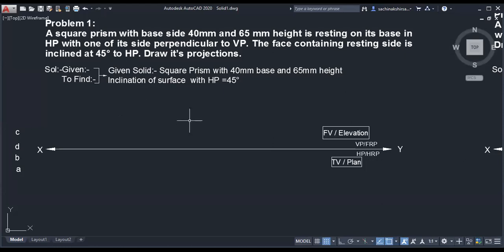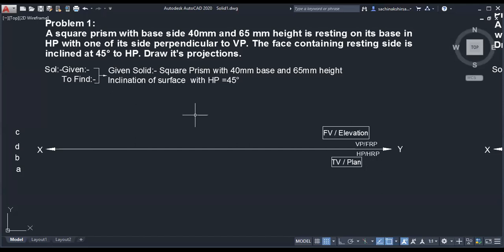It will not happen that a particular base is in HP and the remaining solid is in VP. As the base is in HP, it means the total solid is in HP. That is the simple thing we have to apply. So where will the true shape of the base come? In HP.